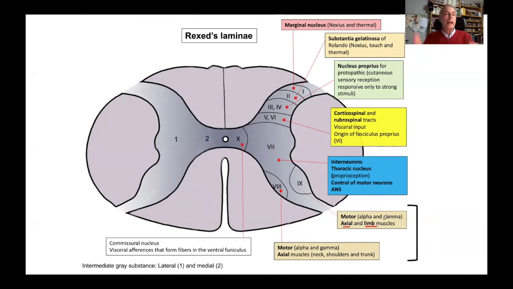We have seen that in the spinal cord lesson. However, the motor neurons that are more medially located and form the 8th lamina are for axial muscles, not limb muscles. Again, limb more laterally, axial more medially, okay?